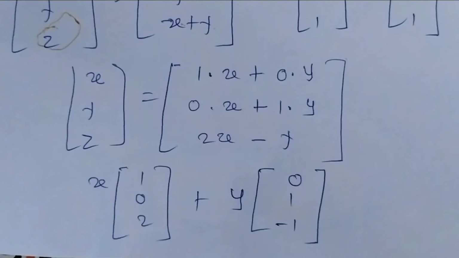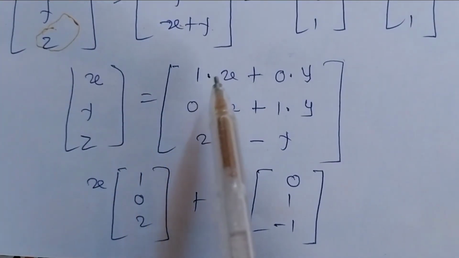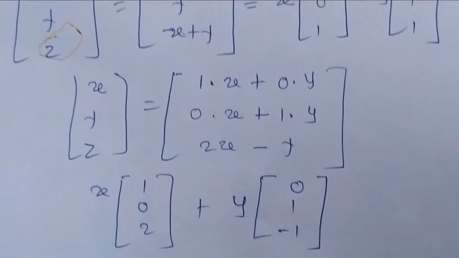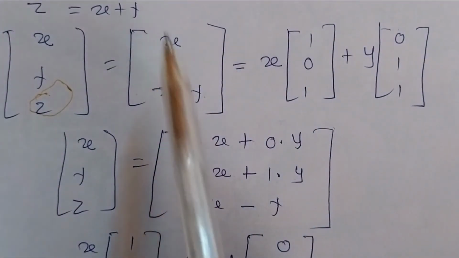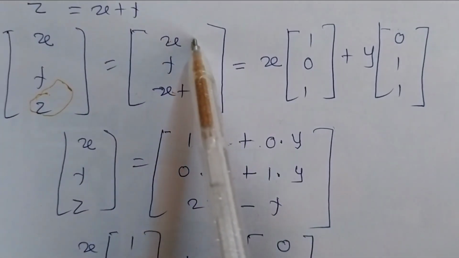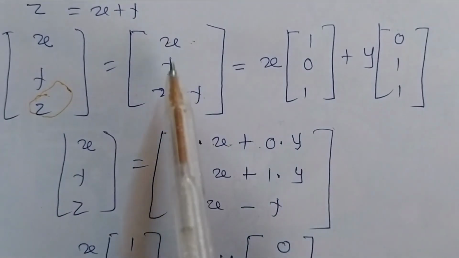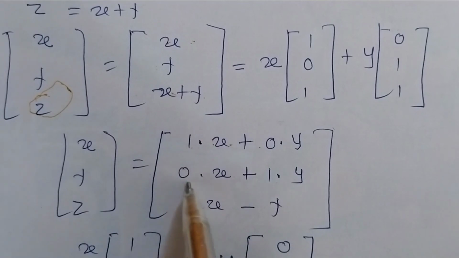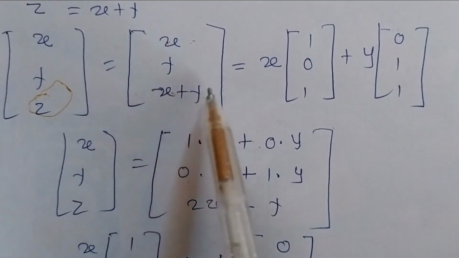So x y z is equal to 1x plus 0y, then 0x plus 1y, and for z it is x plus y.